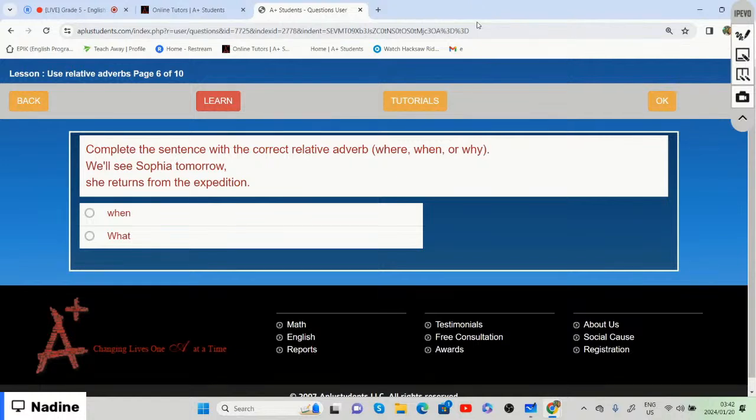Now we need to complete the sentence with the correct relative adverb, which is either where, when, or why. All right, so it says, we'll see Sophia tomorrow when she returns from the expedition.